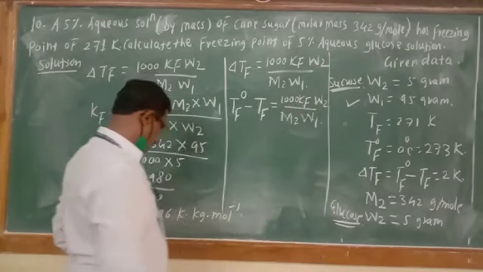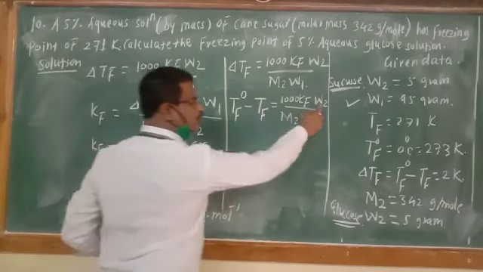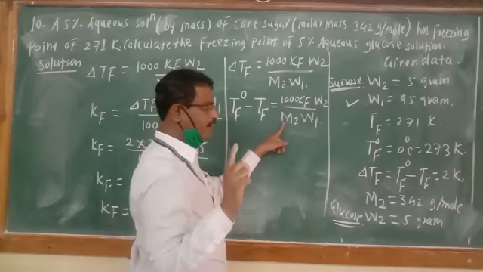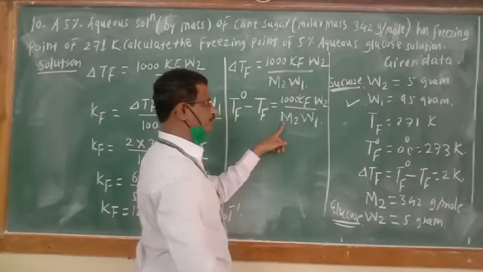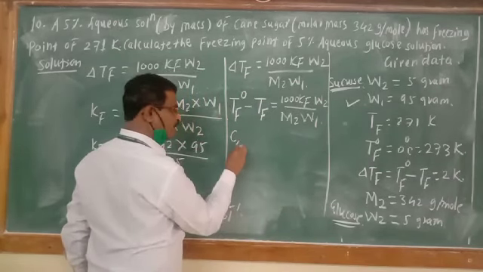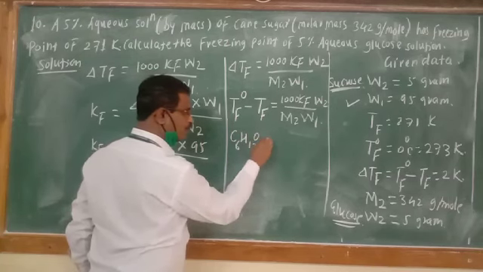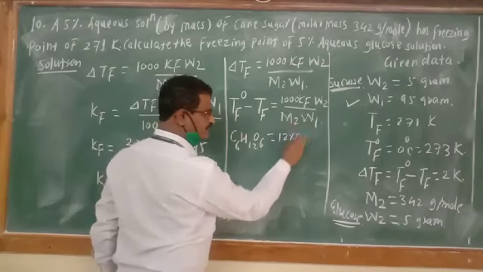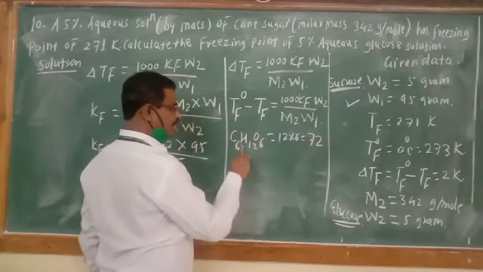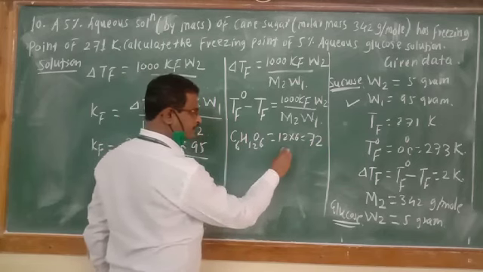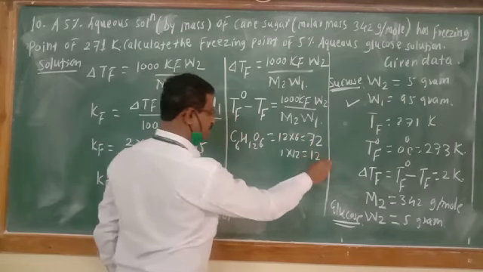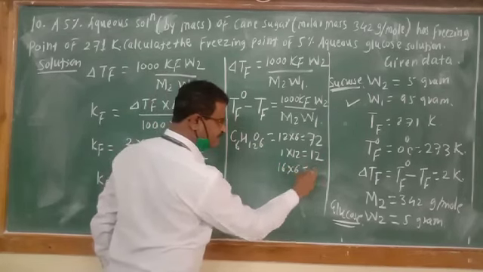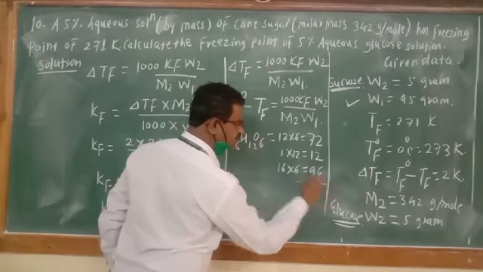Kf already we have calculated. W2 is 5 gram. M2 is now different; here we have to calculate it now. Glucose has the formula C6H12O6. 6 carbon atoms, 12 into 6 equals 72. 12 hydrogen atoms, so 1 into 12 equals 12. 6 oxygen atoms, 16 into 6 equals 96.